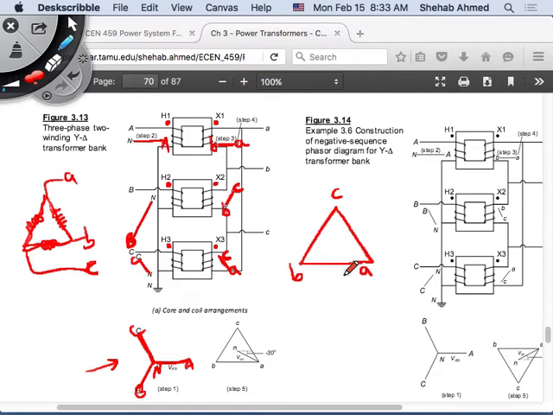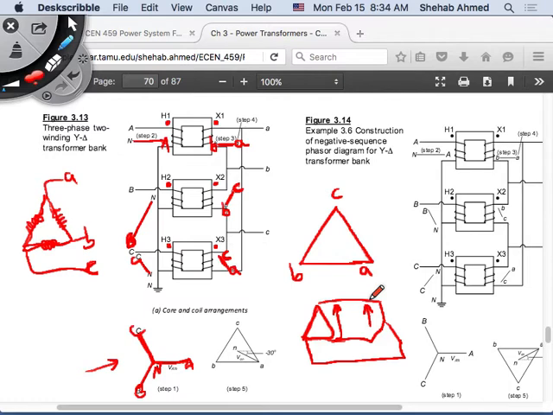So that is like taking my delta here and connecting a star load to it, and I would like to convert the voltage on my delta to my single phase equivalent circuit in star configuration, because remember, I cannot use a delta in my single phase equivalent circuit, so I have to convert it to the corresponding star.